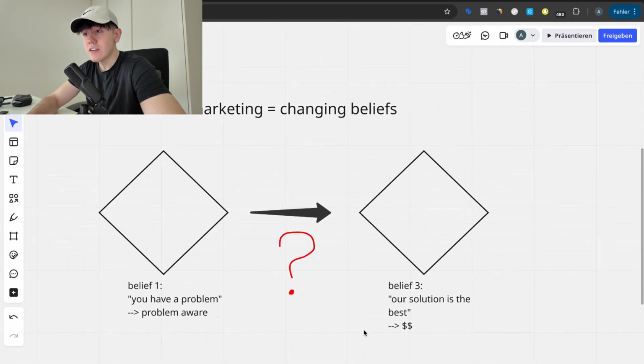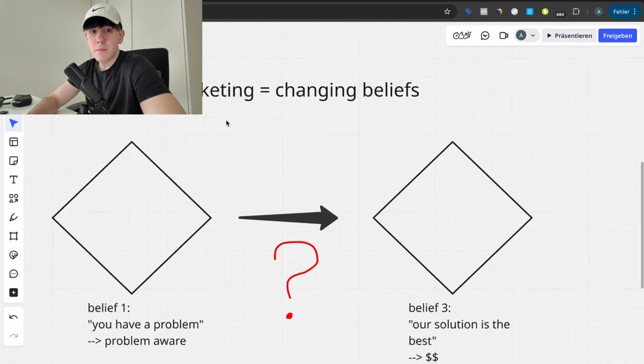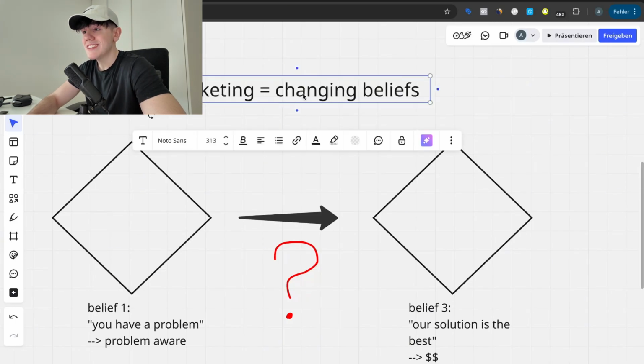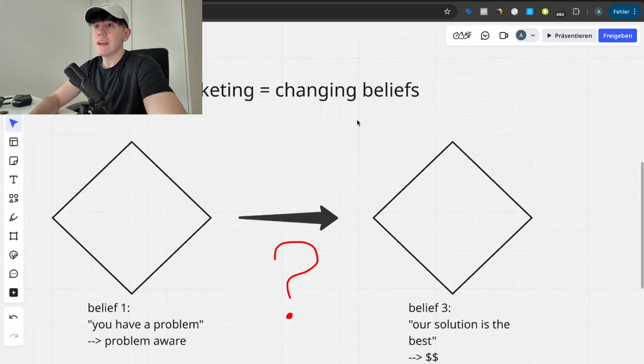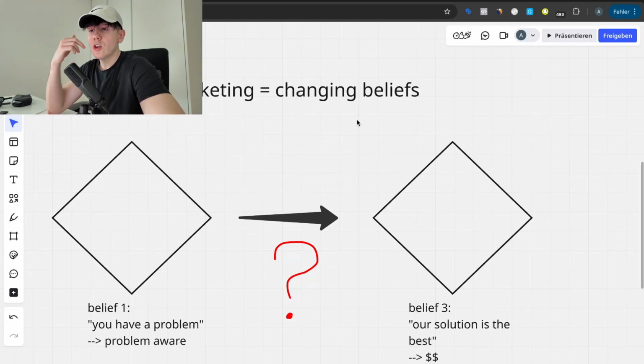Now, another concept which I want to show you guys is called the triple diamond concept. And this is super interesting because, as we already clarified before, marketing at its core is just changing beliefs. Beliefs that someone already has, shifting them towards believing that you are the best competitor for something, you have the best offers for something, and right now is the best time to take your offer. That's when you get a sale, right? It doesn't matter if it's the first time of them converting, if it's an email upsell, if it's the 10th time of them subscribing, not canceling the subscription when they notice it, right?